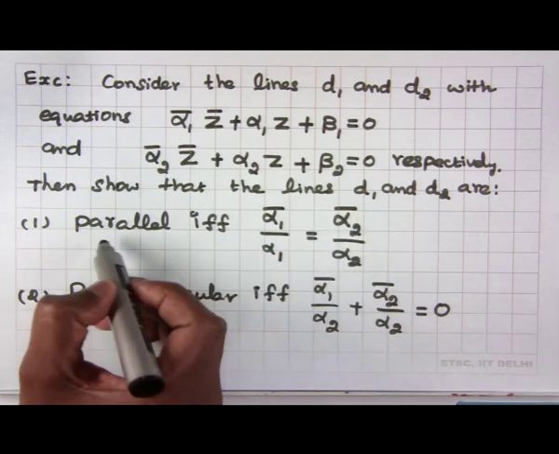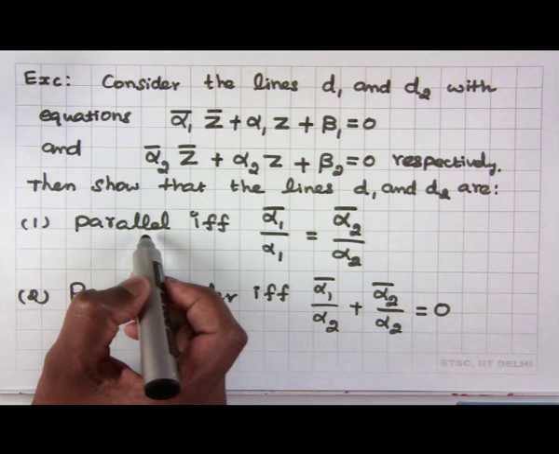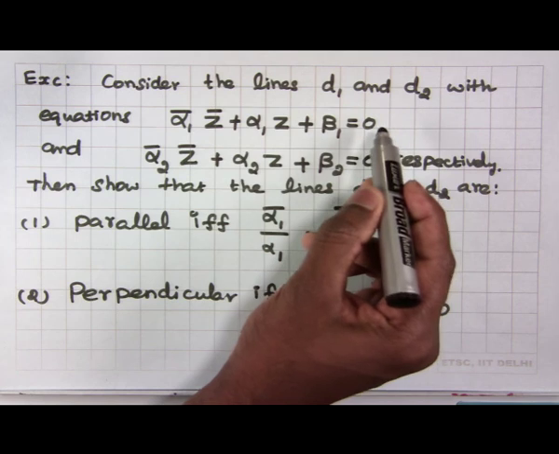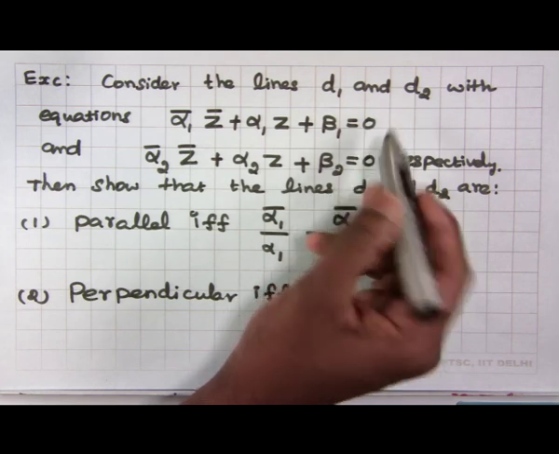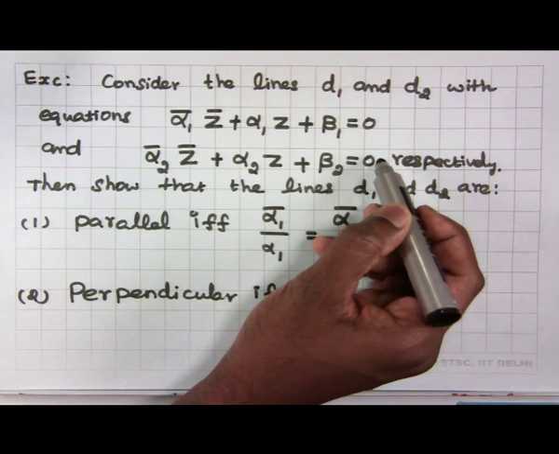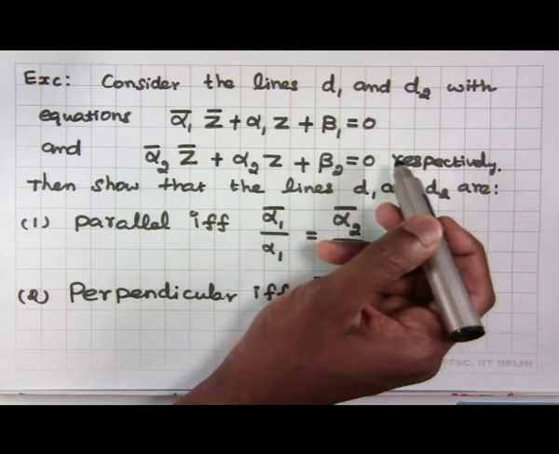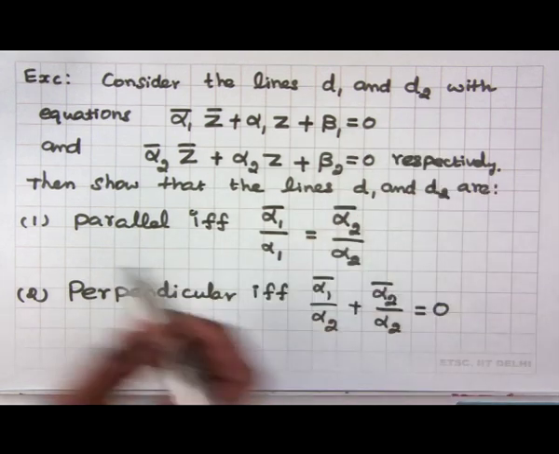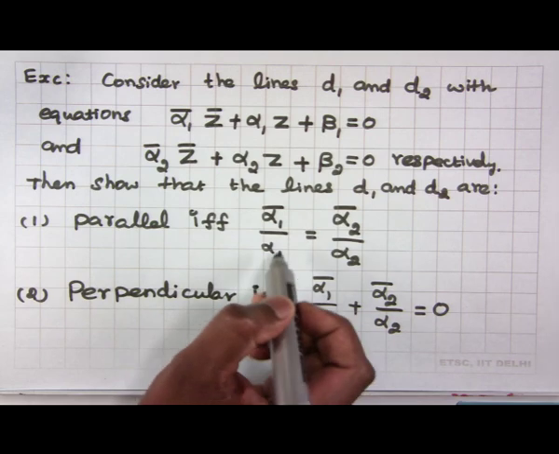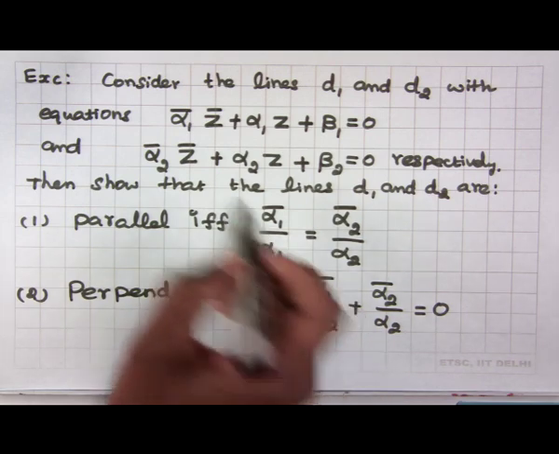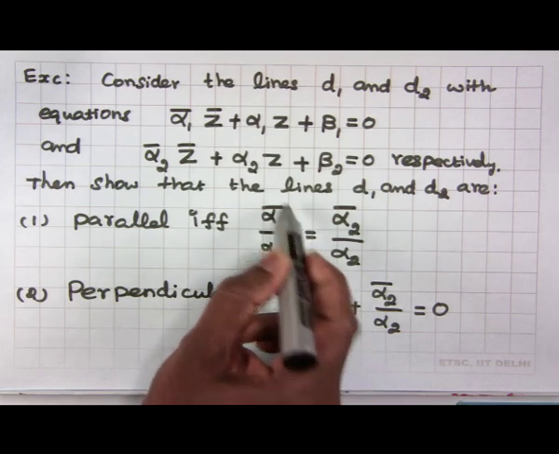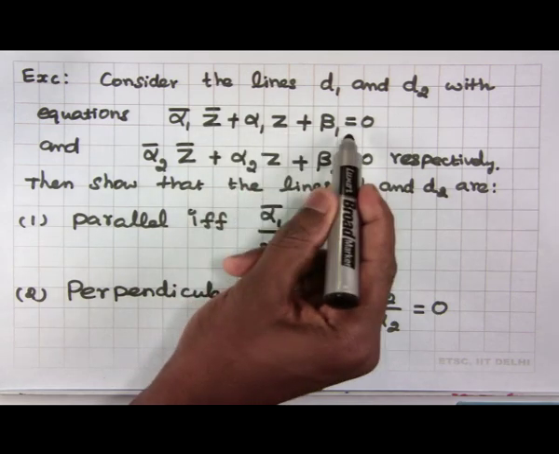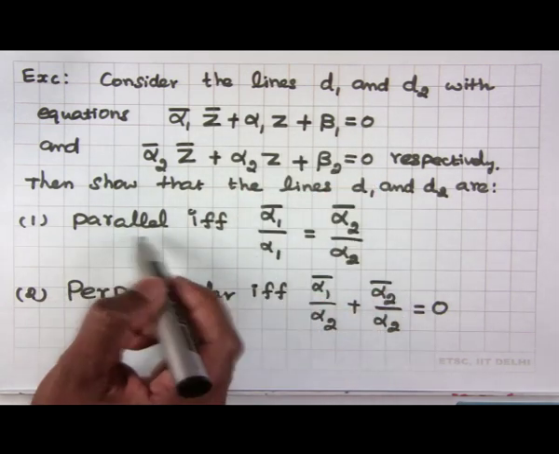Recall, in the Cartesian coordinate system, if m1 is the slope of line 1 and m2 is the slope of line 2 and m1 equals m2, then the two lines are parallel. Similarly here, you treat alpha 1 bar by alpha 1 as a sort of slope in the complex plane. If they are equal, then the lines are parallel.